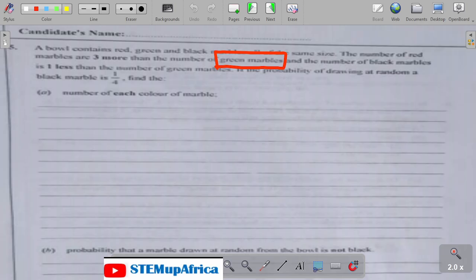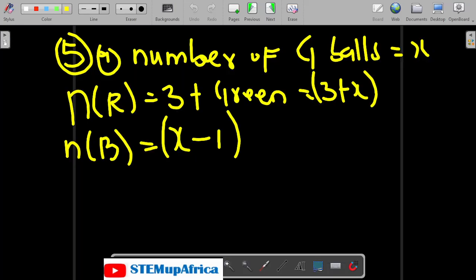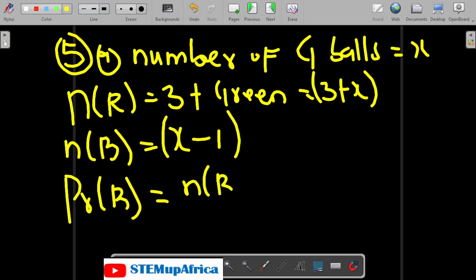So we are told that the probability of drawing a black ball at random is 1/4. So our interest here is based on the black ball, which is 1/4. The probability of black balls is simply the number of black balls over the sample space.